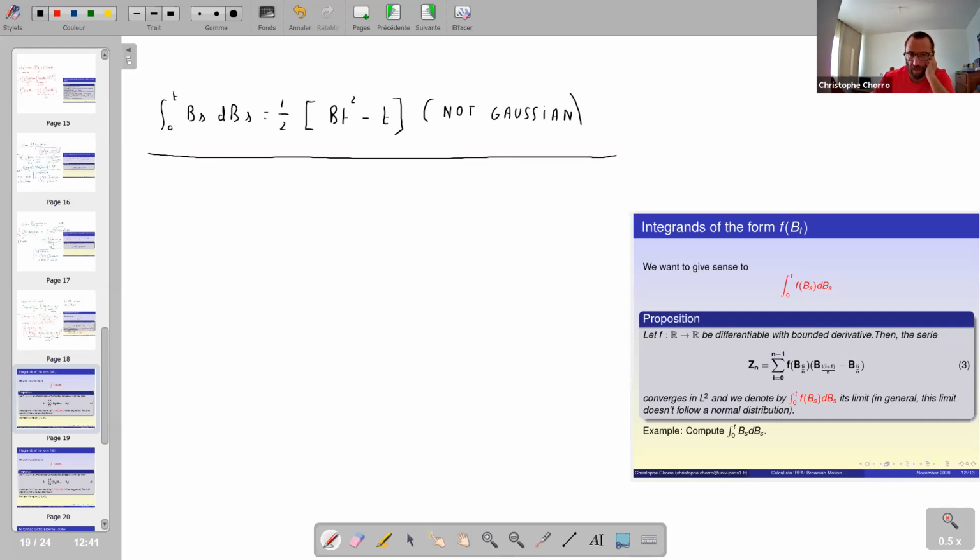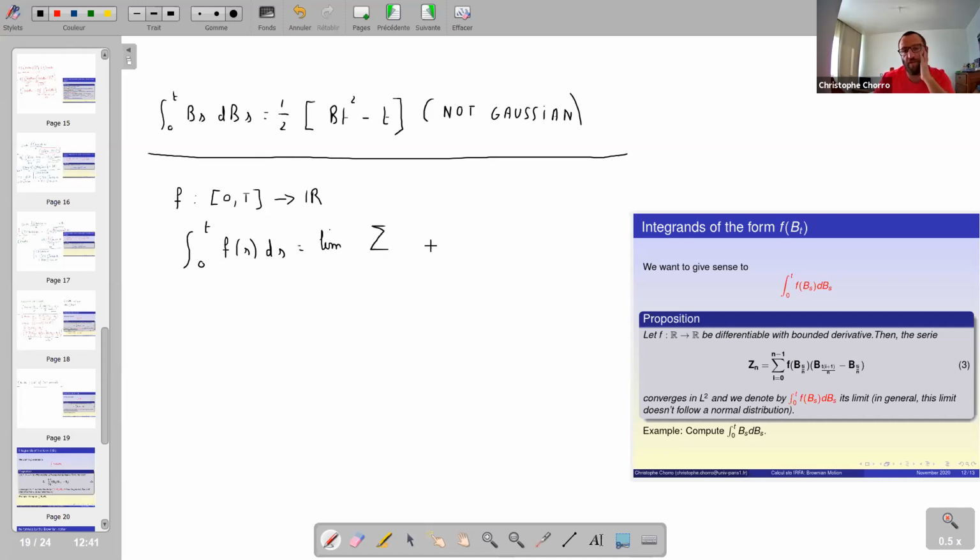We are going to make two remarks concerning the computation we have done here. First remark. In fact, this construction is not that unnatural, because keep in mind that if you have a mapping f from [0,T] into R, the Riemann integral, as you know, may be defined as the limit of the Riemann sums.